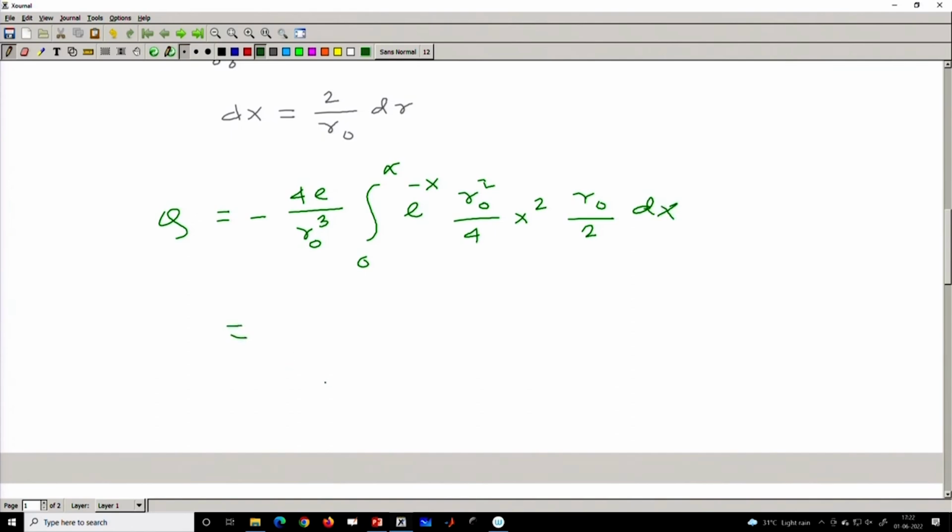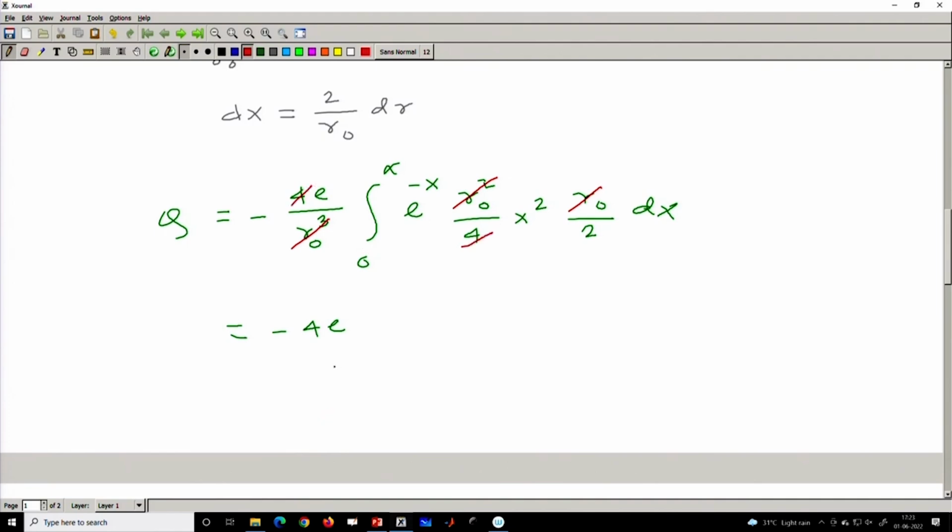Everything outside cancels: the r naught powers cancel, and the 4 also cancels out.